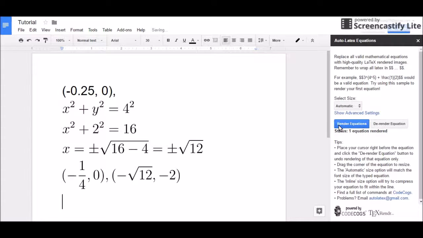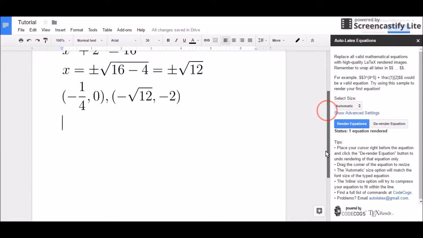First we need to find out what the slope of this line is. So we're going to find the slope. That's going to be negative 2 minus 0, or just negative 2, over negative square root of 12 minus negative a half.